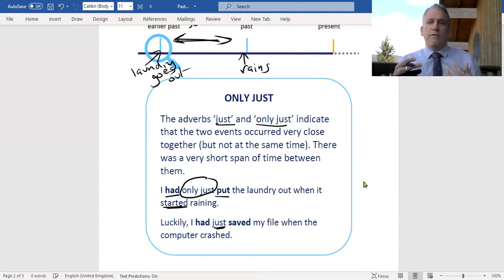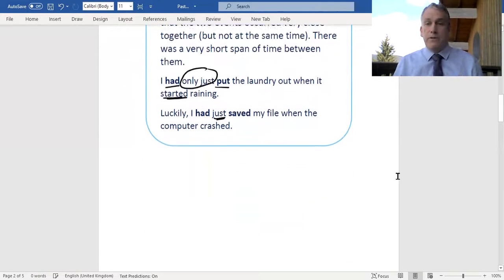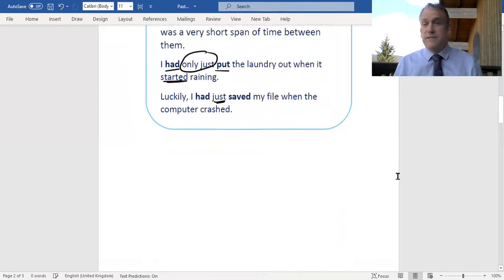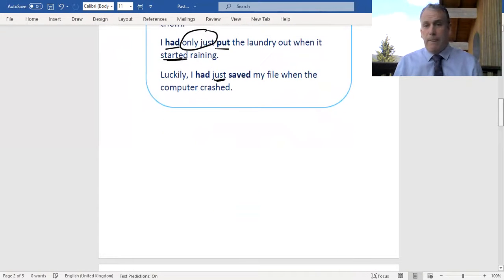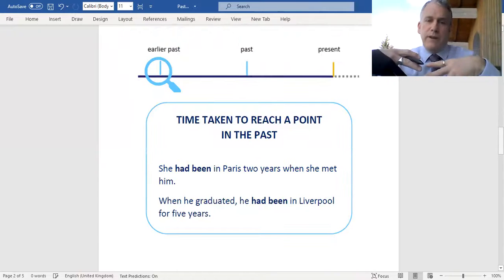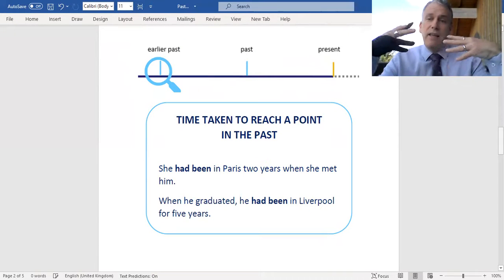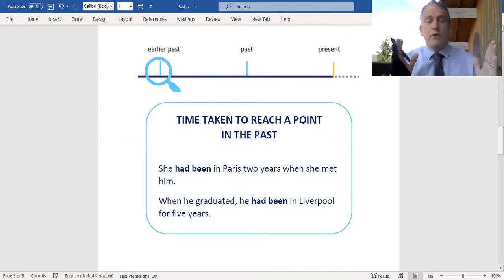Okay, let's look at a further example of the use of the past perfect. Again, it is very similar. This is where we use the past perfect to indicate the time taken between two events in the past. So let's look at our first sentence.